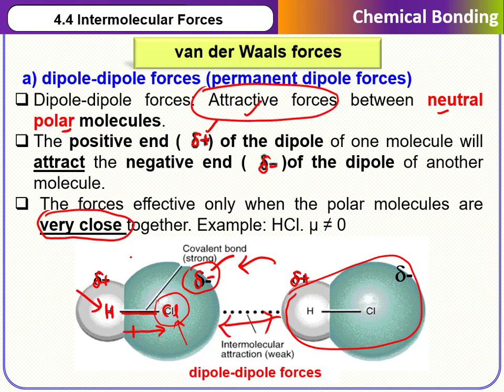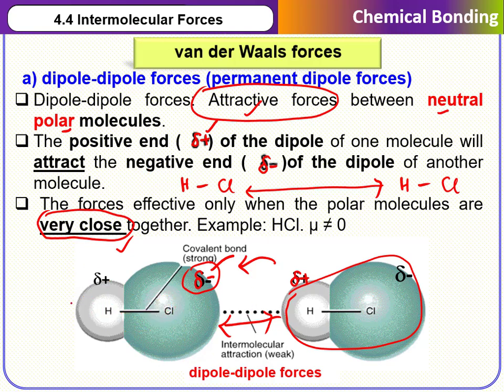It will become significant when they are very close together. Ingat nak? Katakanlah satu HCl duduk kat sini and the other HCl duduk sini. Macam mana nak interact? Jauh sangat. So, they must be very close. Then only the forces will become significant.